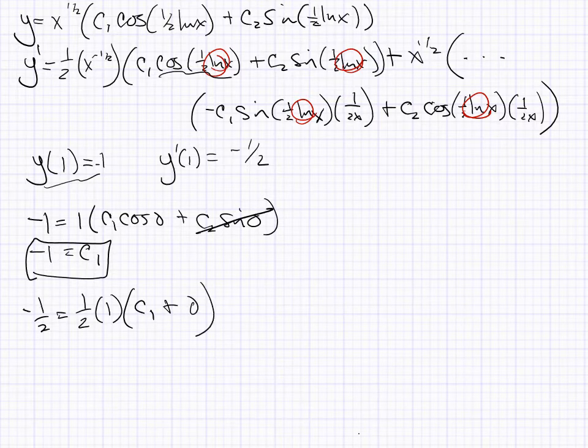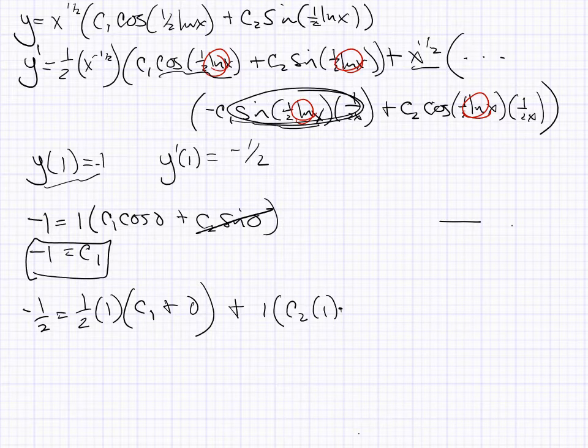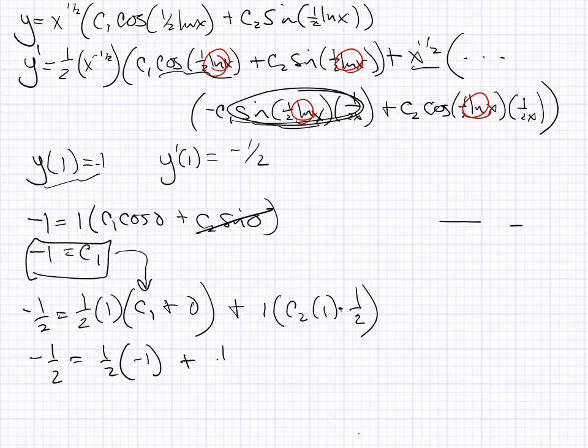Plus x to the 1/2, which is 1, times, again, sine of 0, which is 0, so this whole thing is 0, so that's gone, plus C2 cosine of 0, which is 1, times 1/(2x), so 1/2. Now remember, we know that C1 equals -1, so we end up with -1/2 equals 1/2 times -1 plus 1/2 C2.